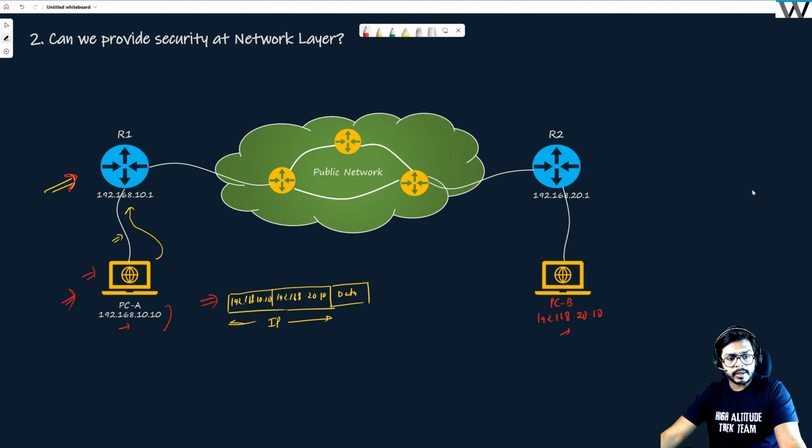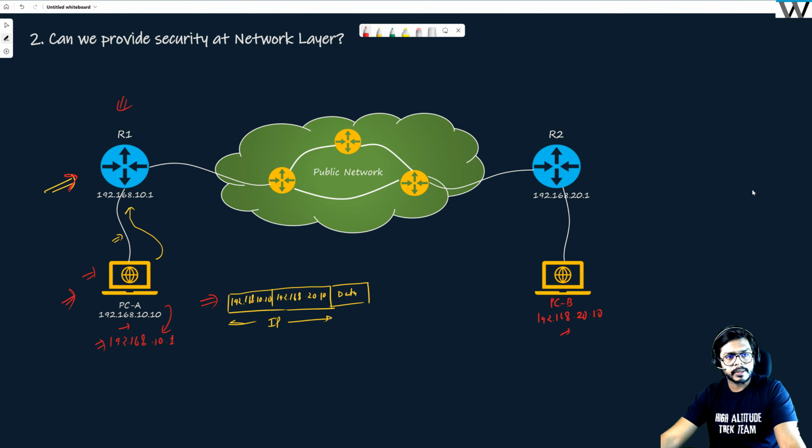Because you have configured on this PC that if you don't see the destination in your own subnet, then you forward your message to the default gateway, which is 192.168.10.1. And you presume that this default gateway is going to know about this, right? And this is your default router also.